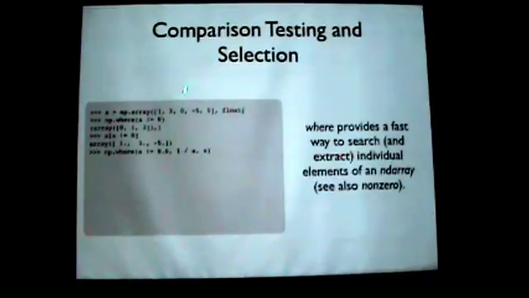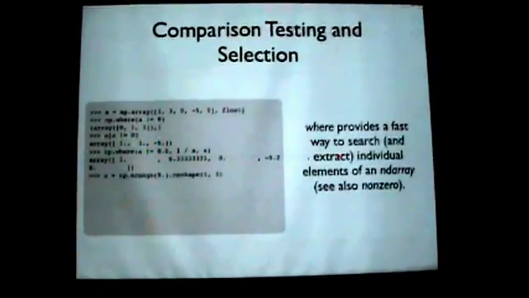Okay? So where needs to have either 1 or 3 arguments. In this case, it'll look at A, and if the individual elements are not 0, it will take the inverse of them. Otherwise, it will return the element itself, which is 0 by construction here. Okay?